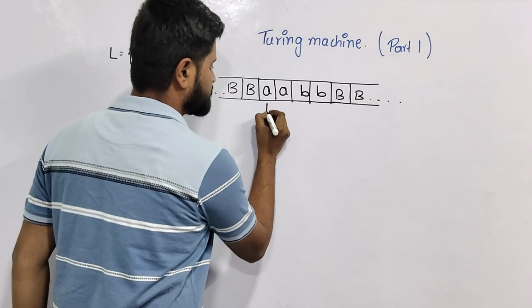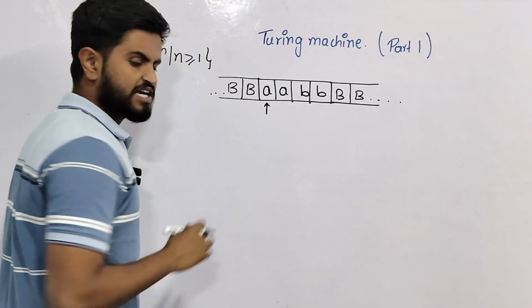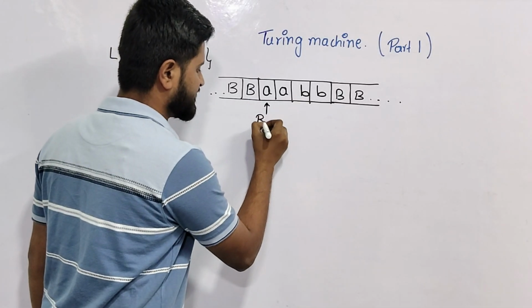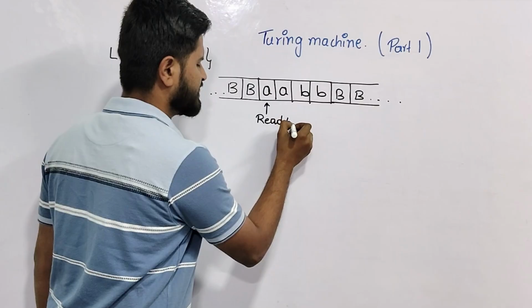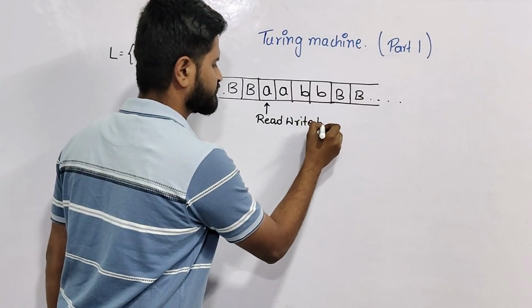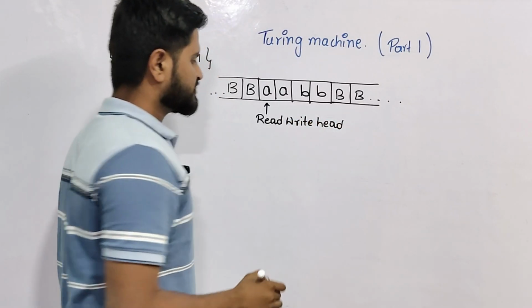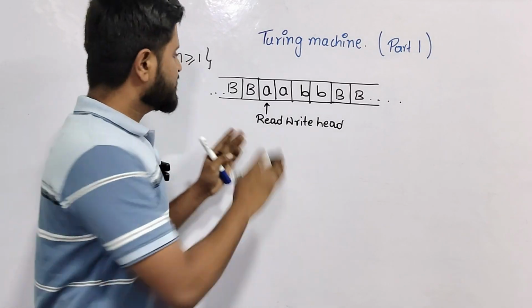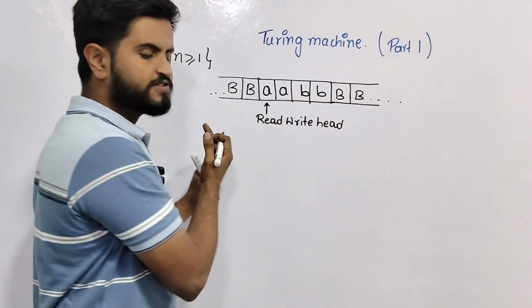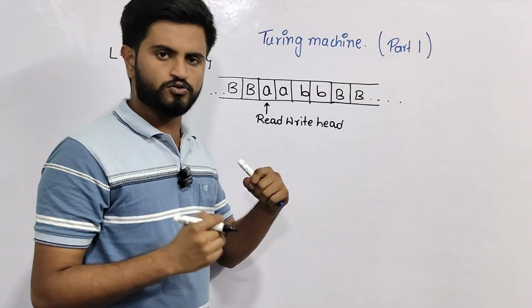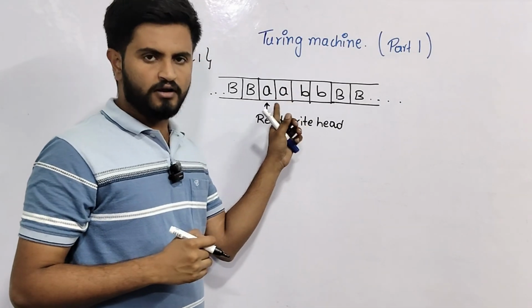Now we must start from a. This arrow which I am showing will be called the read write head. The speciality of this read write head is, it can move right side, it can move left side, and it has the capacity to change the value or rename it.